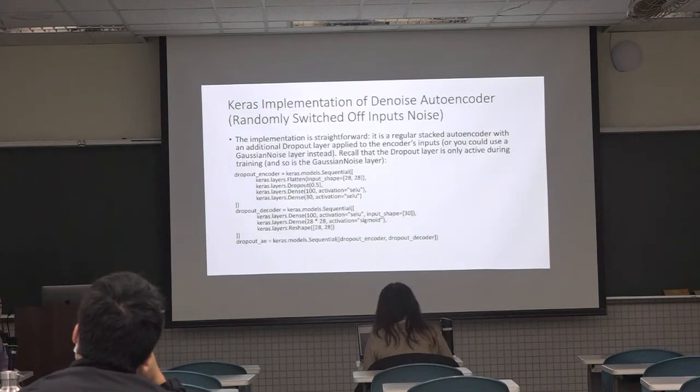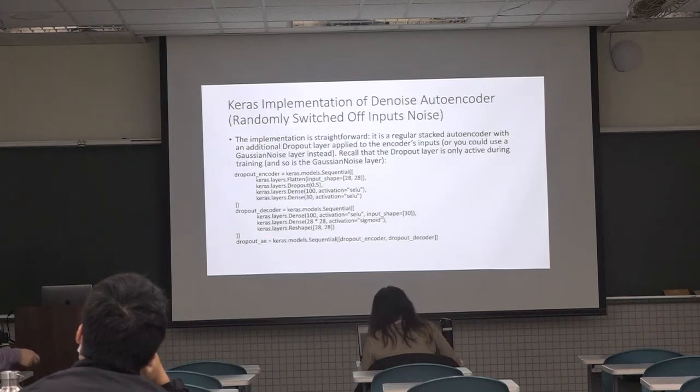When you are using the model for inference, this Gaussian noise layer will not be functional, which is nice because that's exactly what we want. And then we combine this encoder and decoder to form the denoising autoencoder. So this is nothing new.